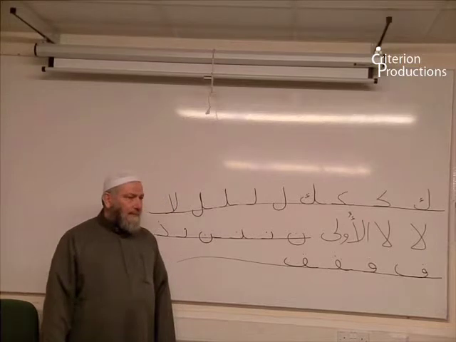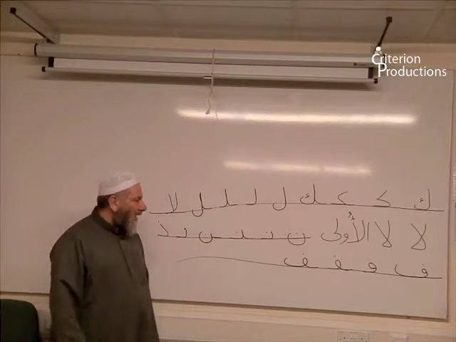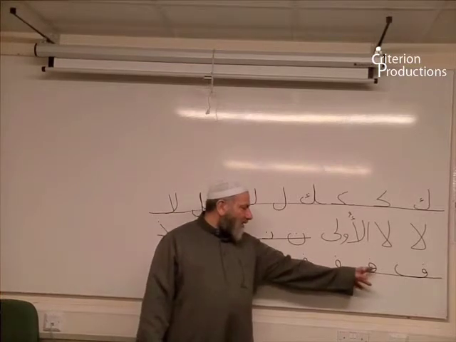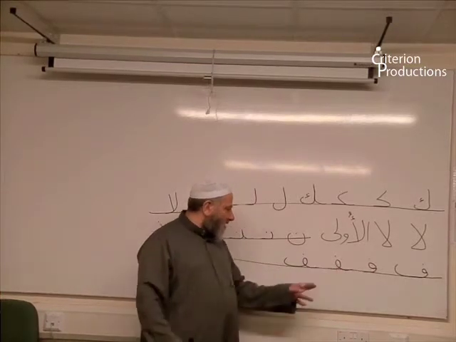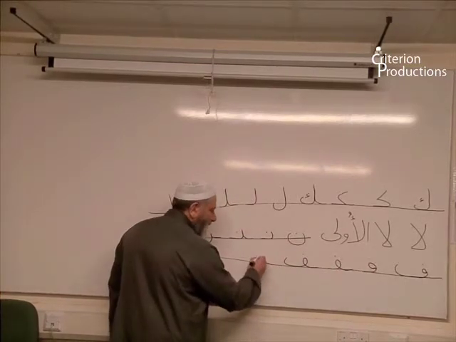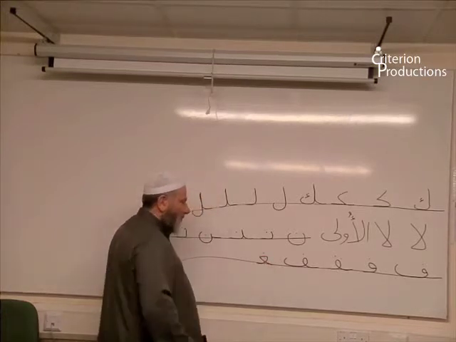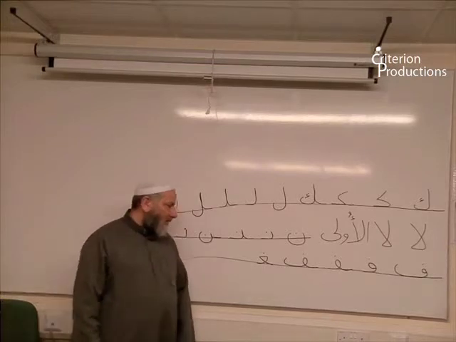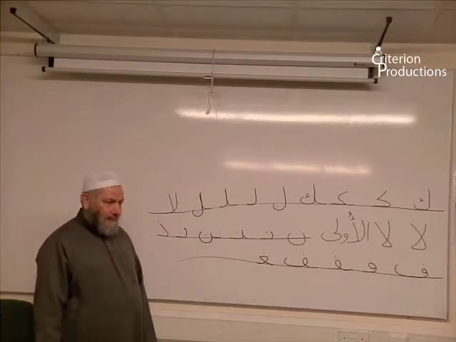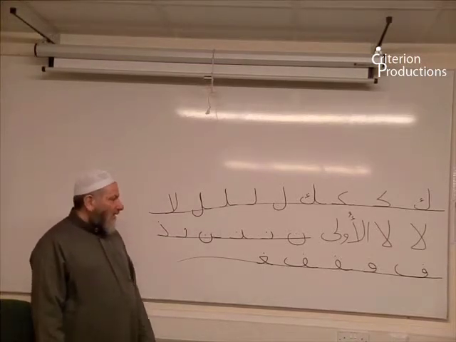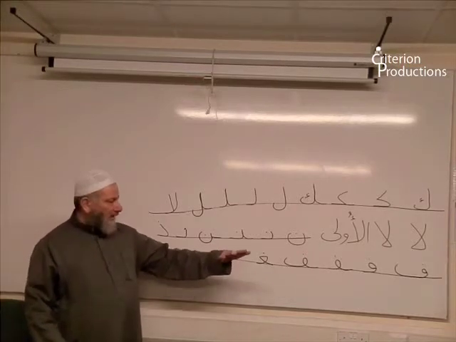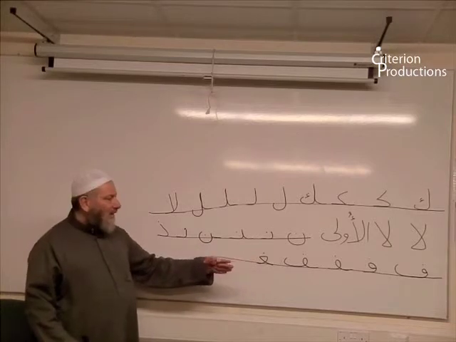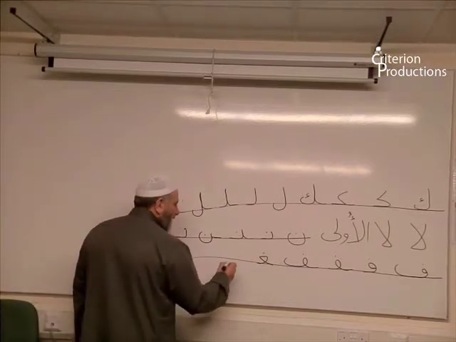You know, ghain and fa. The ghain is a little bit bigger when you write, and the corners are a bit sharper. Yes, sharp. Now the qaf is the same as the fa at the beginning and in the middle, but in the other shapes it's different.